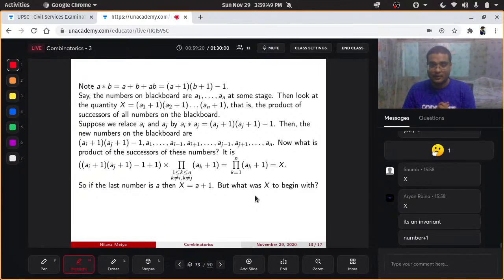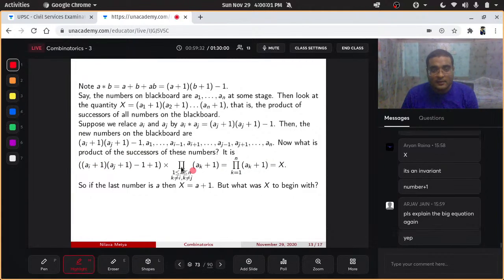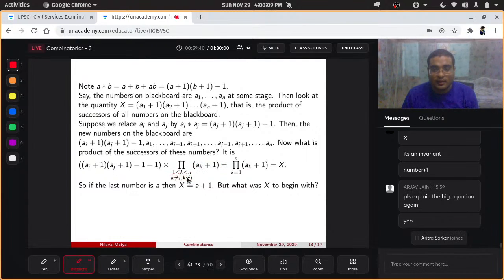No matter what, it must happen that whatever this big equation says holds. What I have done is taken every number from 1 to n except I and j, added 1 to each, and multiplied them.